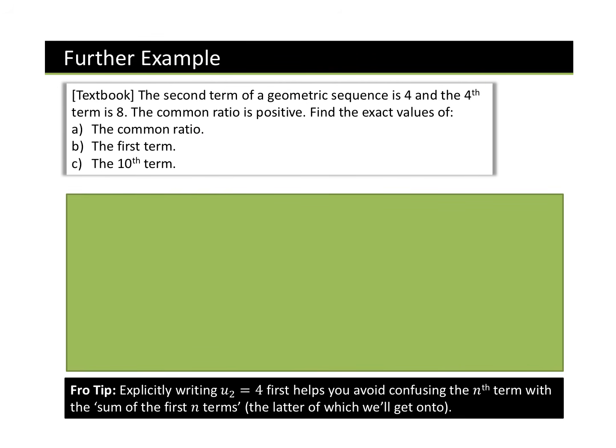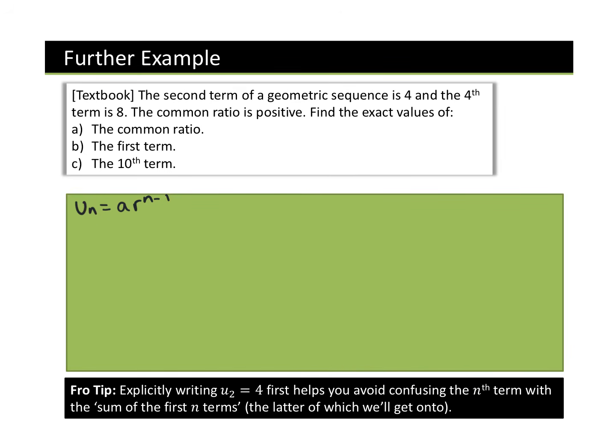So now we know this rule, the rule that we've been using, un equals a r to the power of n minus 1. This is a typical question. They don't normally give you a sequence and ask you to write the formula. They will give you a bit more problem solving.